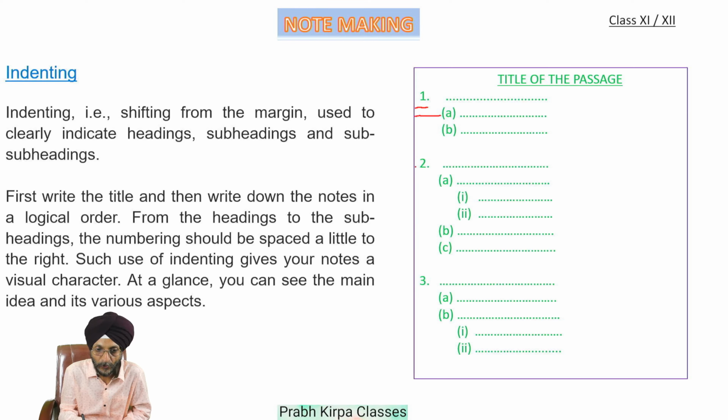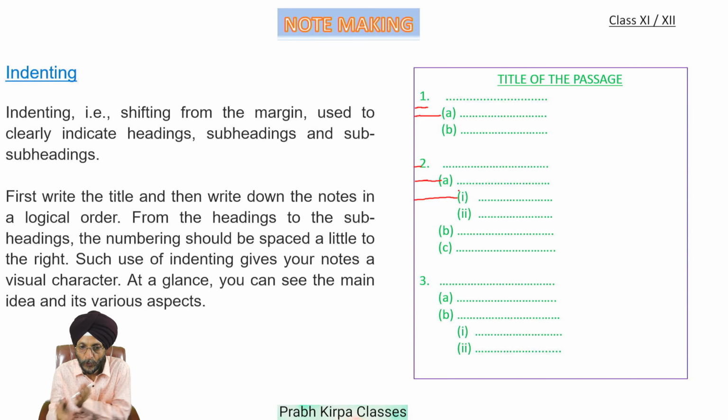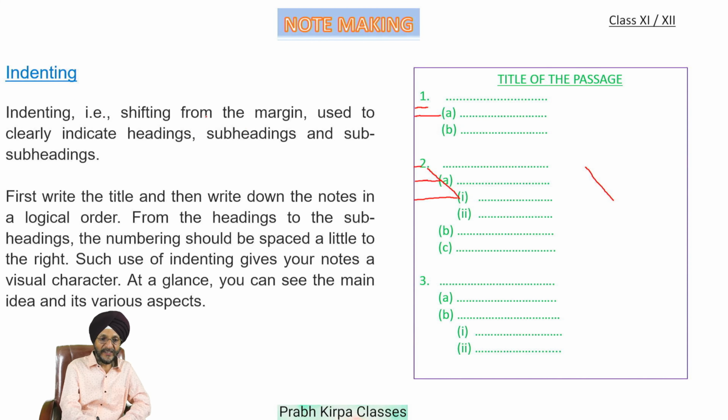This is the heading, this is the subheading written after some more distance, and this sub-subheading has been written after leaving more distance as compared to 2a. It follows this pattern. Indenting means shifting from the margin, used to clearly indicate headings, subheadings, and sub-subheadings.